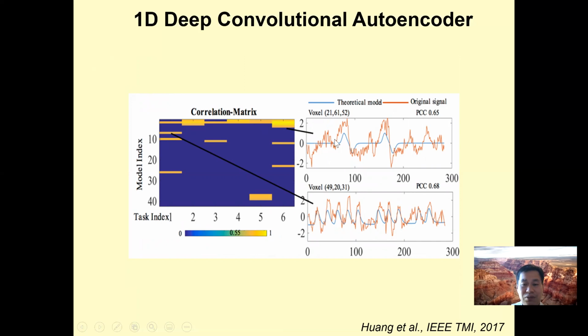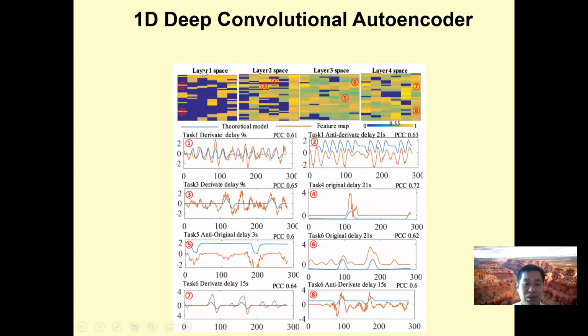We can see they look quite similar, and the Pearson correlation coefficient is quite high. And we do this for different layers, layer 1, 2, 3, 4. That means we do this correlation in different layers of the network.